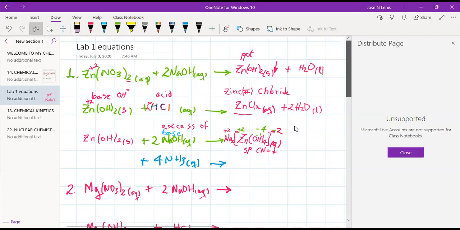So we call this a metal complex. If you don't remember from your Chem 11 what a metal complex is, I suggest you go and read a little bit about how metal complexes are written and how to name complexes.